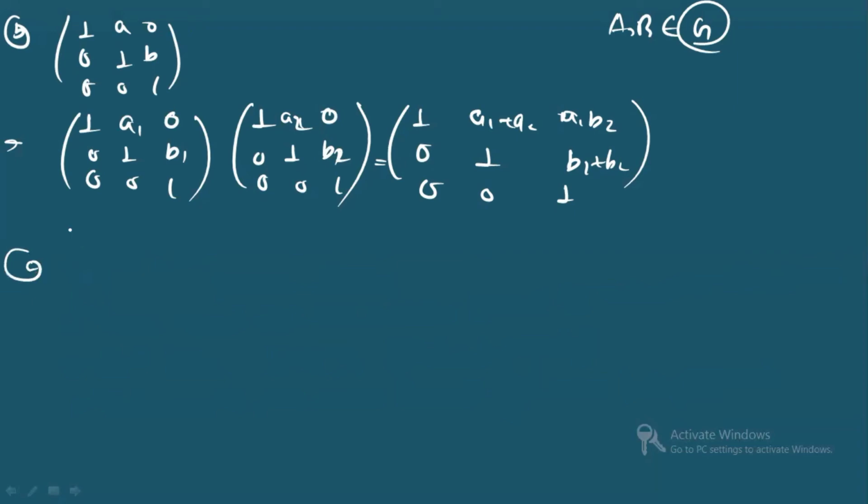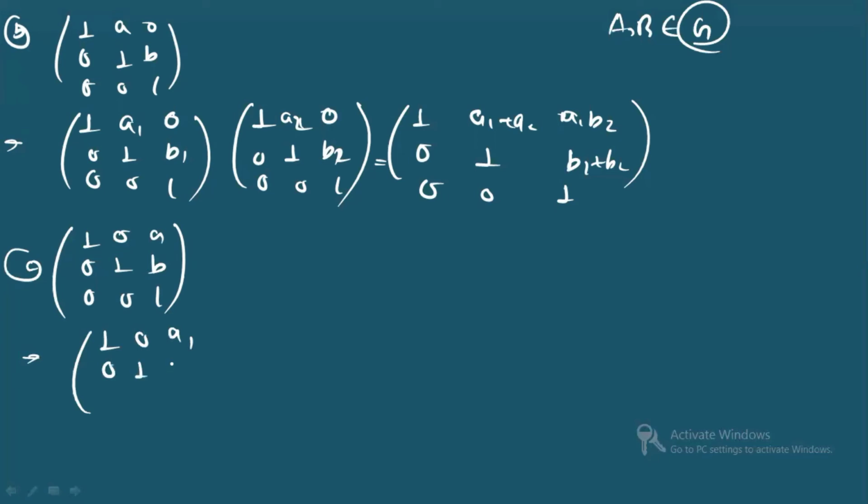Now if you see option C, just see the matrix of option C. It is 1, 0, A, 0, 1, B, 0, 0, 1. Okay, this is what you're having. So here you will do the same thing: 1, 0, A1, 0, 1, B1, 0, 0, 1, and 1, 0, A2, 0, 1, B2, 0, 0, 1.